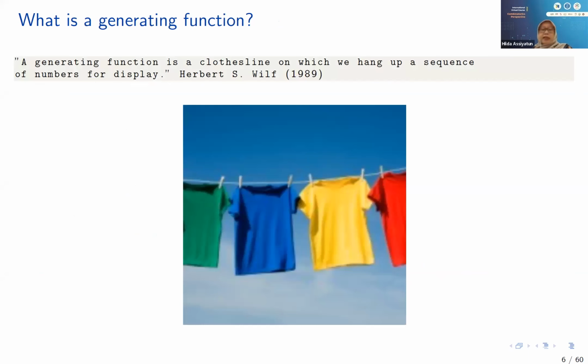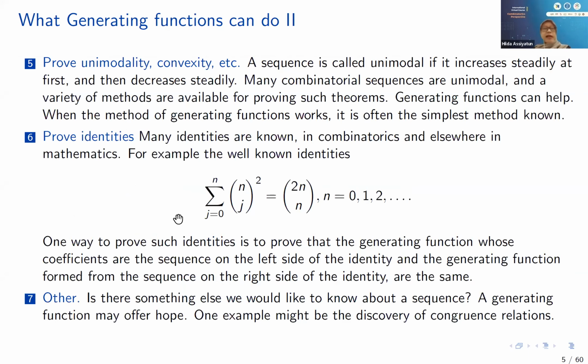Okay, what else can we do? The other thing that we can do with generating function is to prove unimodality or convexity. This is a typical property of combinatorial sequences: they are unimodal and convex.